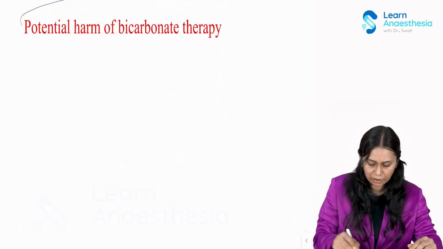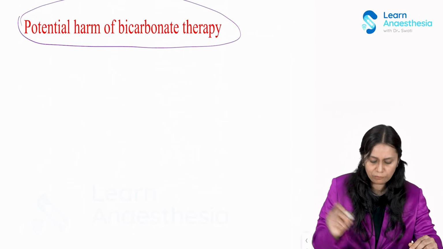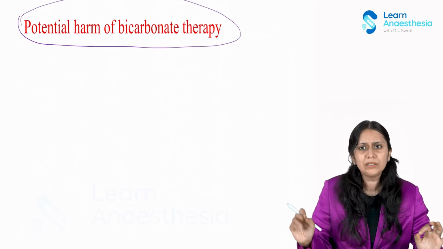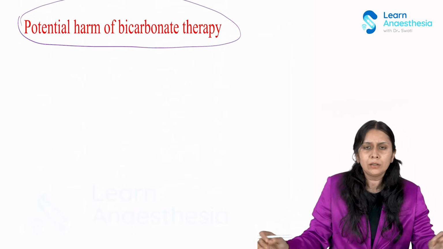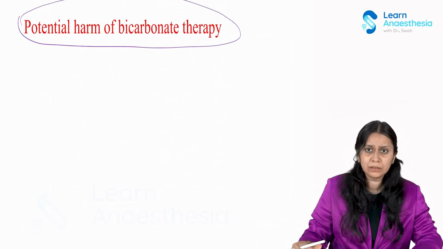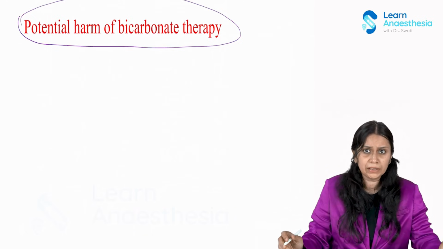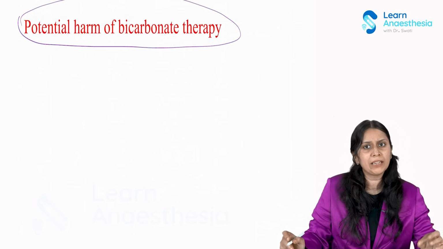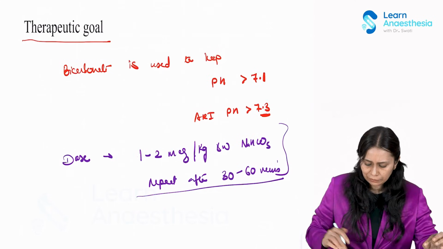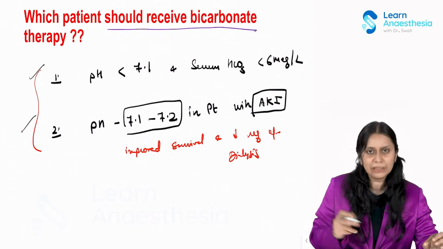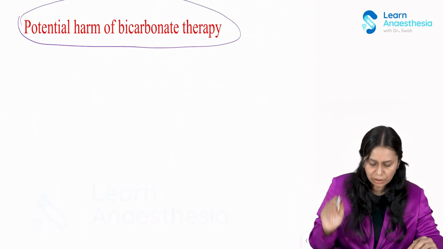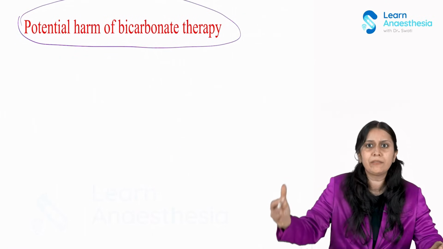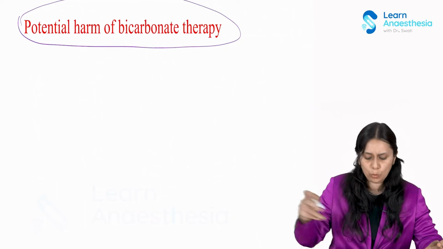Now what are the potential harms of bicarbonate therapy? What are the problems of bicarbonate therapy? What are the things that we need to look for? Now there are 4-5 important things that we need to take care of to have an optimal effect of bicarbonate therapy, even when it is indicated in the patient. So what are the potential harms we have to understand, and how do we remedy that harm? What should be our approach?